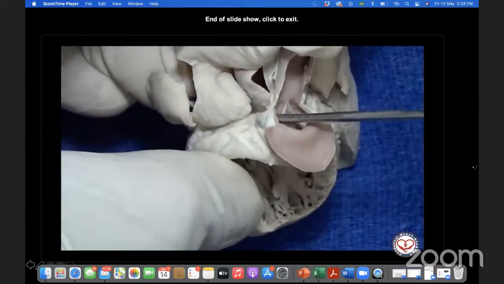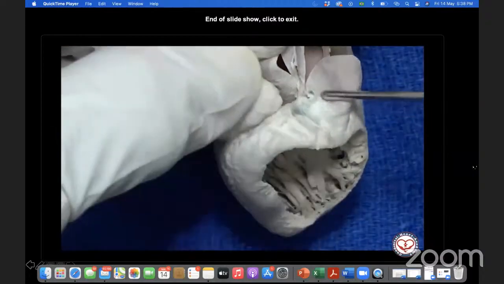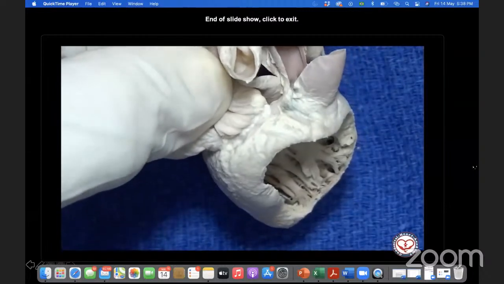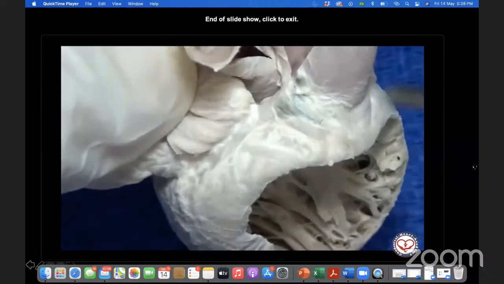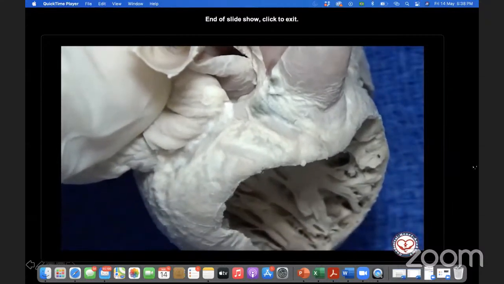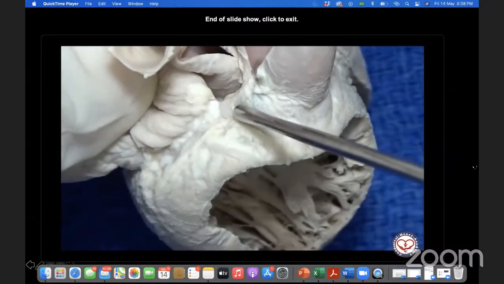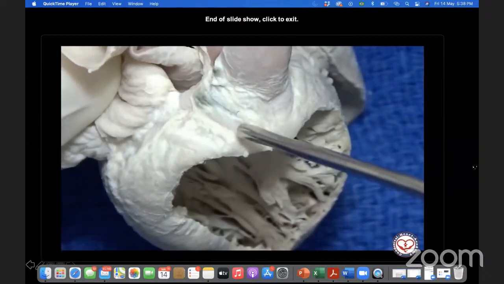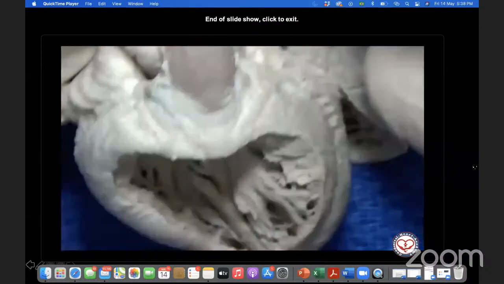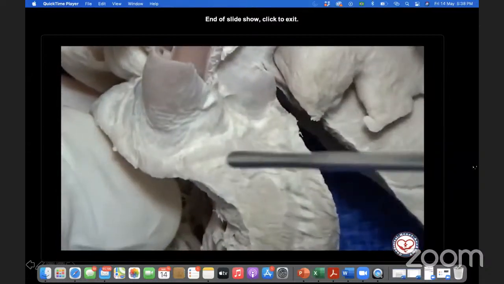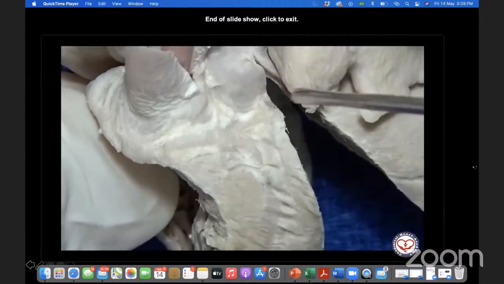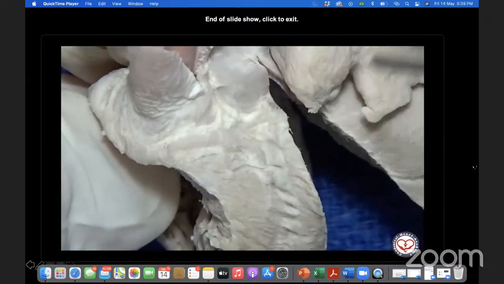So this single coronary orifice gives rise to the right coronary artery that extends in usual fashion within the right atrioventricular groove. There is a branch that encircles the aortic root anteriorly and extends around to divide into the anterior interventricular and the circumflex branch.